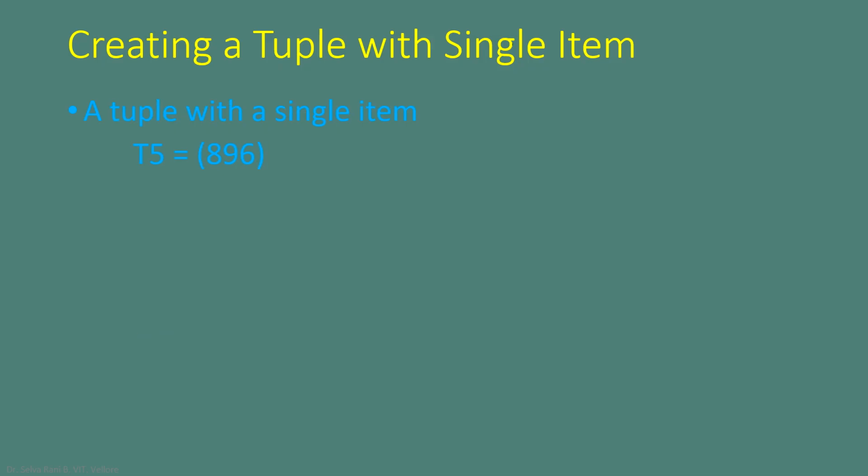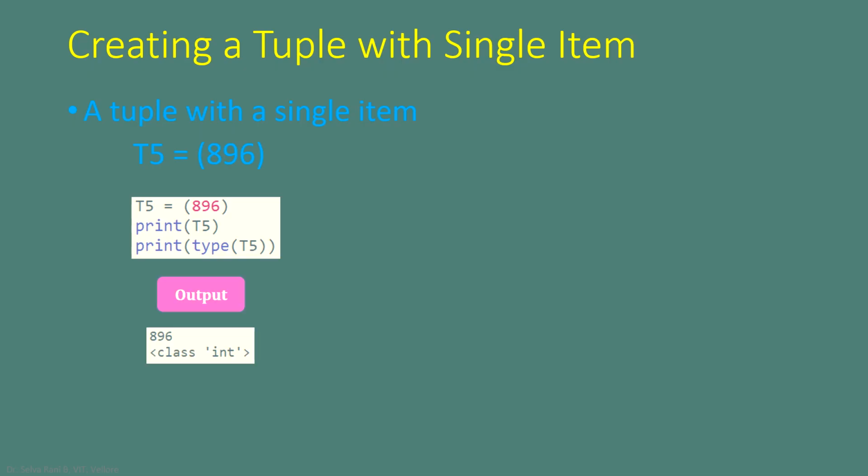Okay. Now, let's try to create a tuple with the same item as a single item in it. T5 is equal to 896 inside the normal parentheses. If we print T5 and the data type of T5, we'll be getting the output as 896 as a normal number, and T5 belongs to the type int.